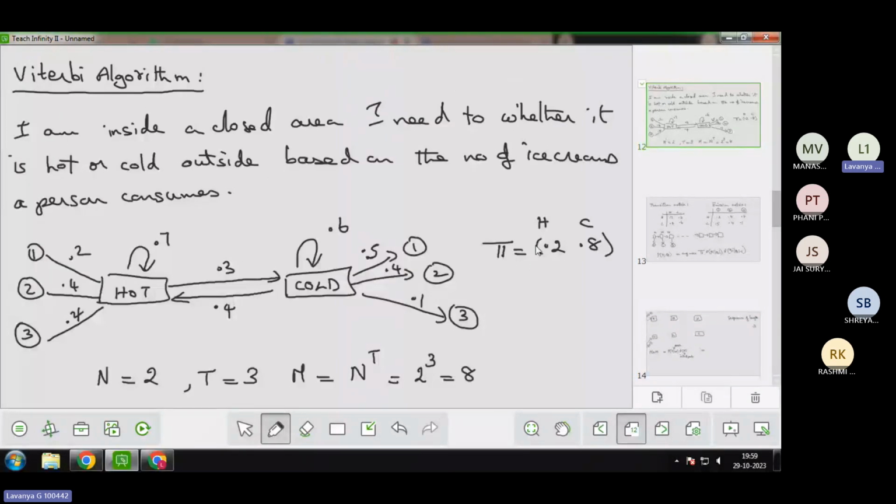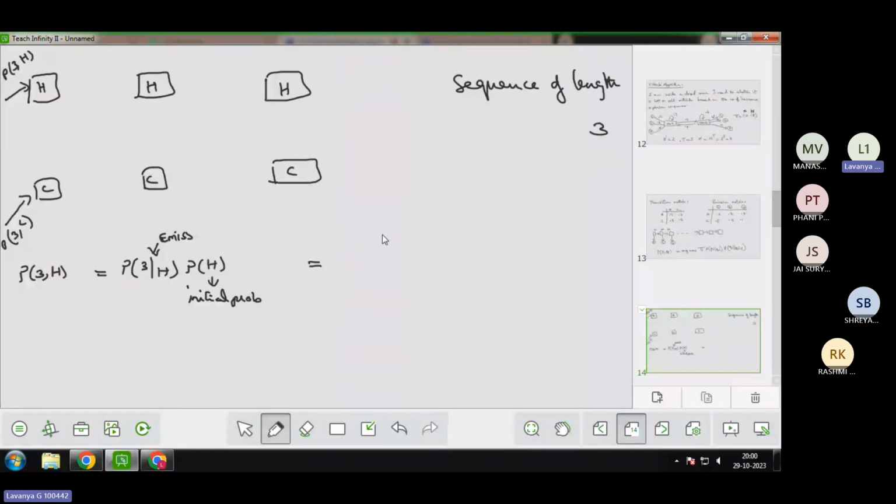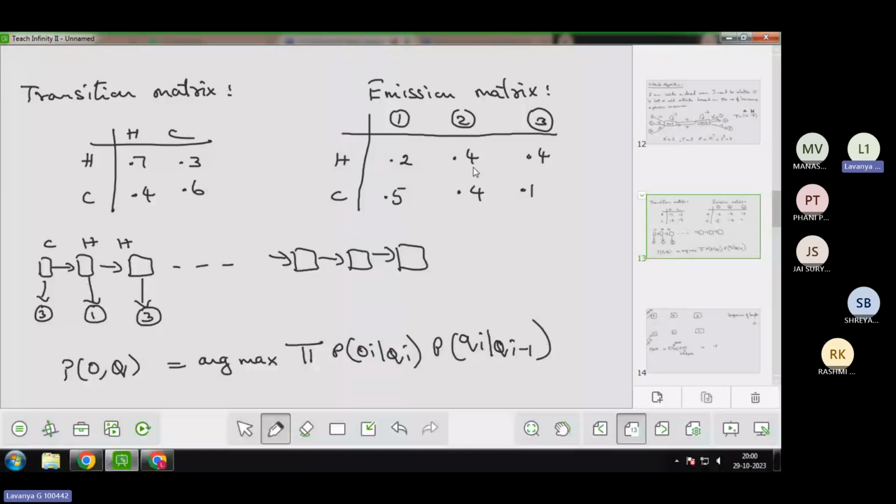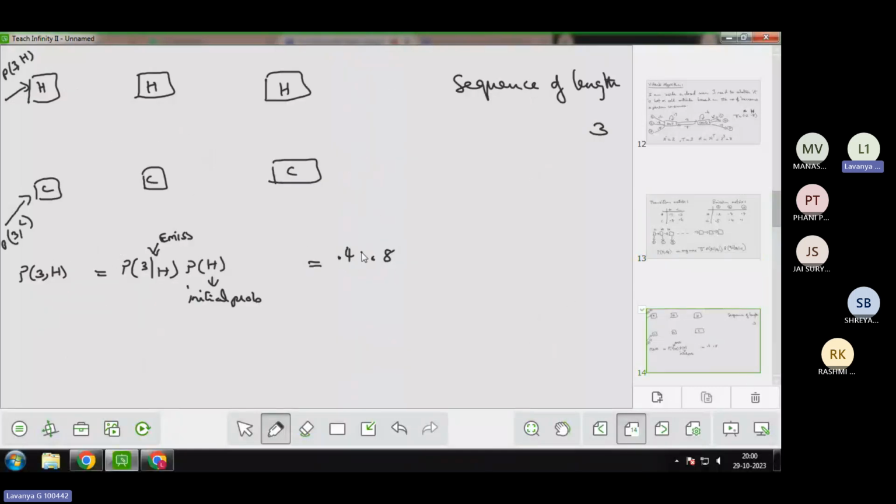The probability of it being hot is 0.8, and probability of H restricted to 3 is 0.4. So it is 0.4 into 0.8, the value is 0.32.